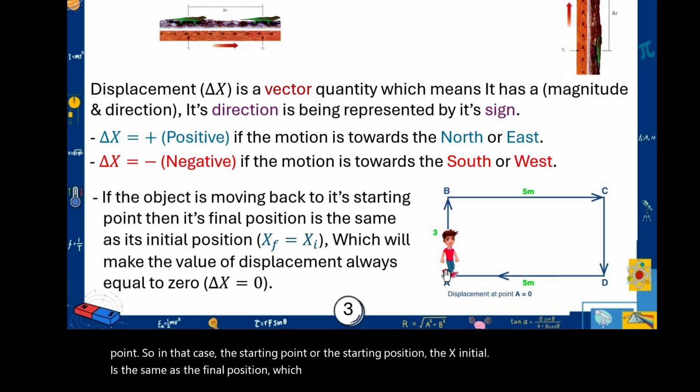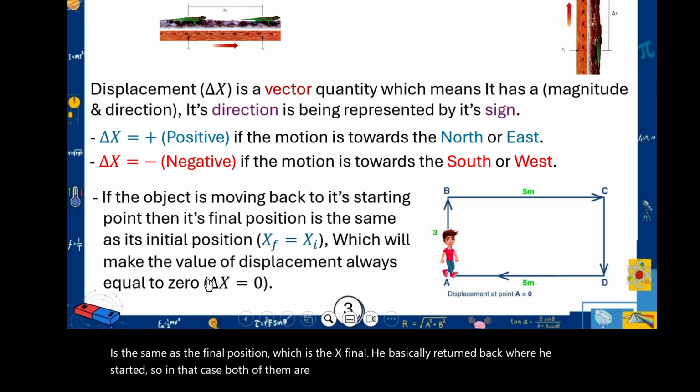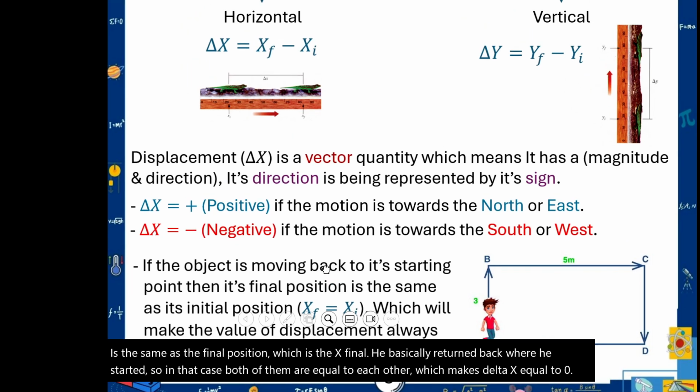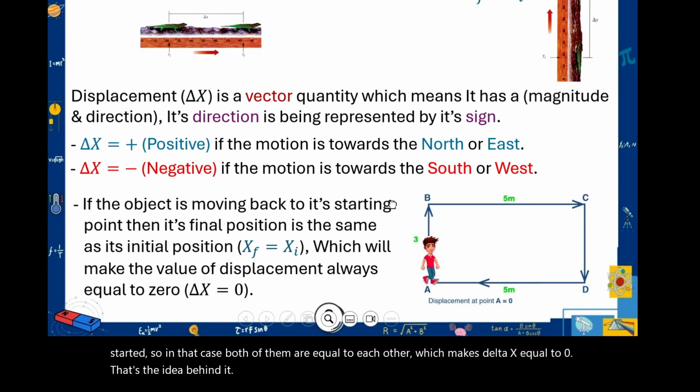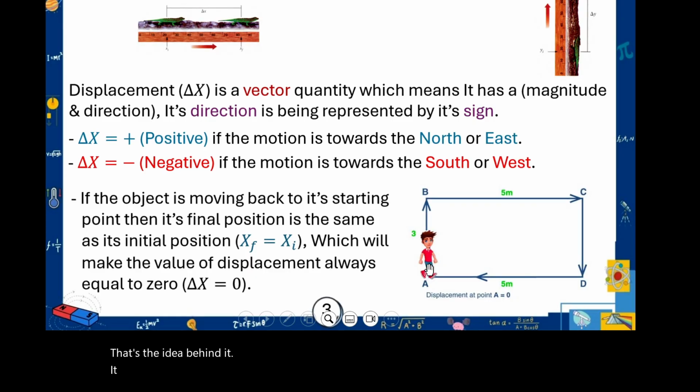He basically returned back where he started. So in that case, both of them are equal to each other, which makes delta x equal to 0. That's the idea behind it. It may be phrased differently in the exam, but you need to relate it to that case. Okay.